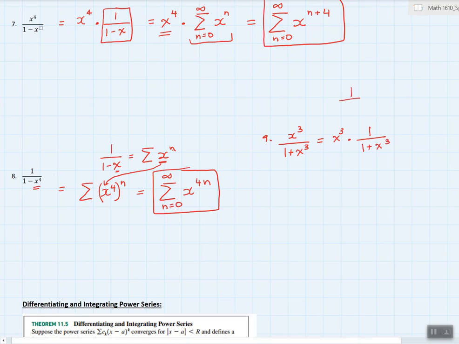Now let's look at the power series of 1 over 1 plus x. That was negative 1 to the power n times x to the power n. Now see the similarity between this and this. So x cubed stays, and for this I had x, now I need x cubed, so I'm going to put x cubed here.